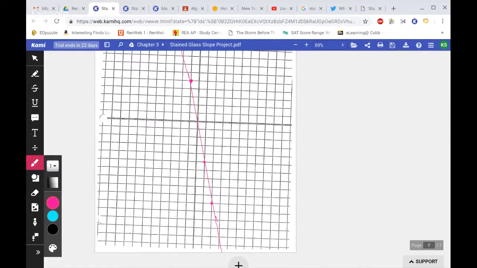So on this one, you would write y equals negative 5x. So you just write the equation of the line on the line ones. Does that make sense?